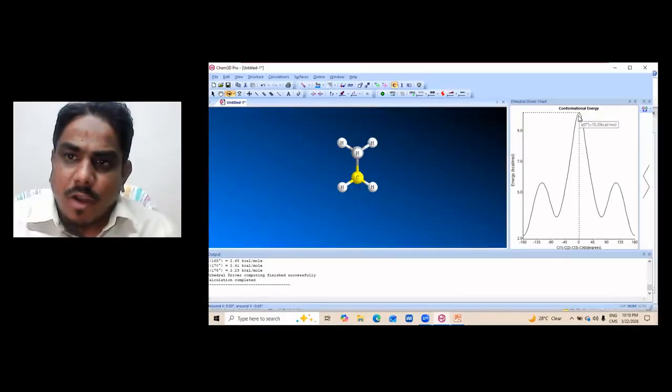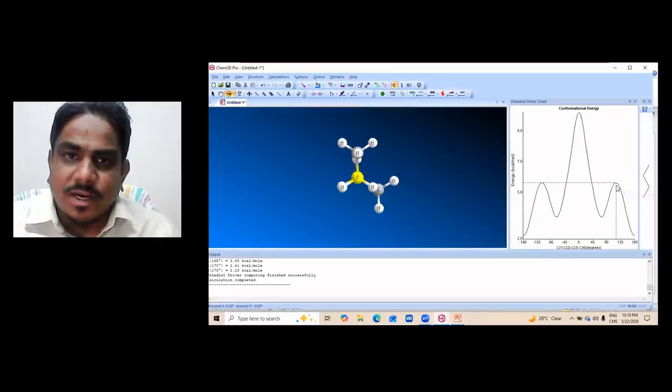At 0 degrees, we observe the fully eclipsed or syn conformation. At 60 degrees, we observe the Gauche conformation. At 300 degrees, we observe the Gauche conformation. At 120 degrees, we observe the partial eclipse conformation.